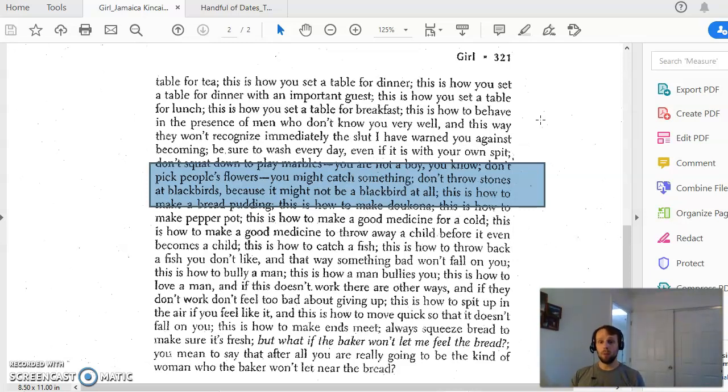You want to look at the language in this story, and at the other parts of this story, the tone of the narrator, the mother figure. There are several possible interpretations, but again, what does this have to do with relationship advice? What could the flowers represent? Why does it matter that they're other people's flowers?